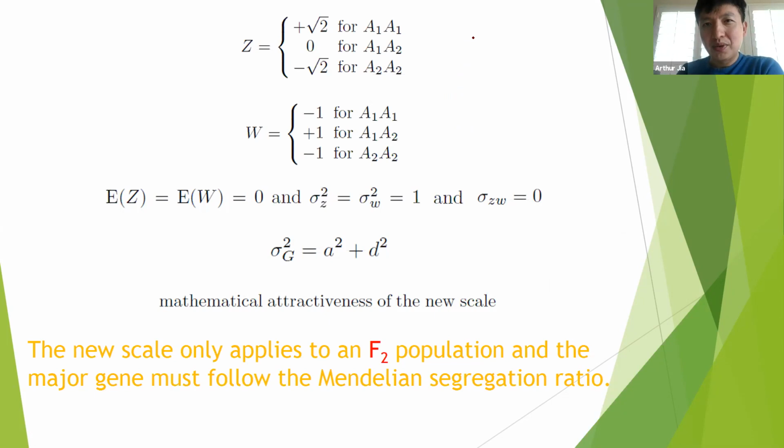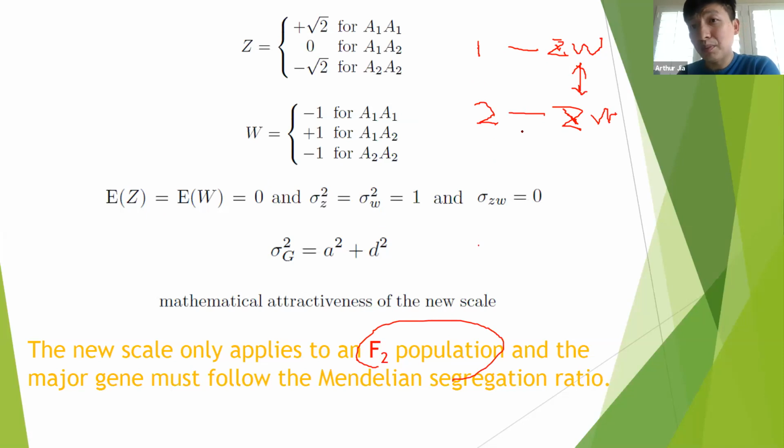Okay, so let's see. There's one way, the first way to define your Z and W. There's another way to define your Z and W. These two may not be linearly related to each other, but if they follow the rule to meet the criteria for the F2 population, either of them will work.